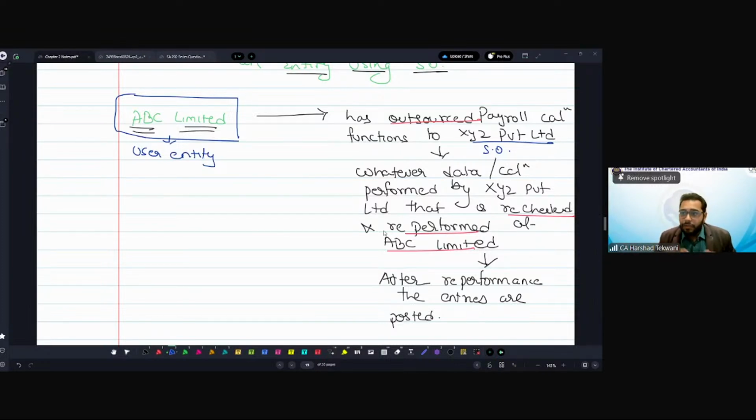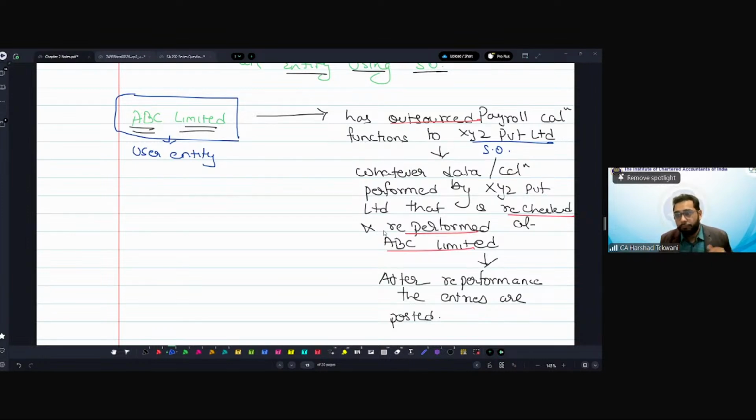It is not relevant for me what XYZ did because at the end wrong entries got posted. Yes, sir. So even though XYZ Private Limited, the service organization, performed the correct calculation, it did not impact your financial statement as a user entity.